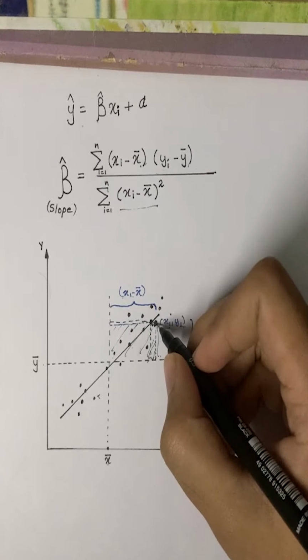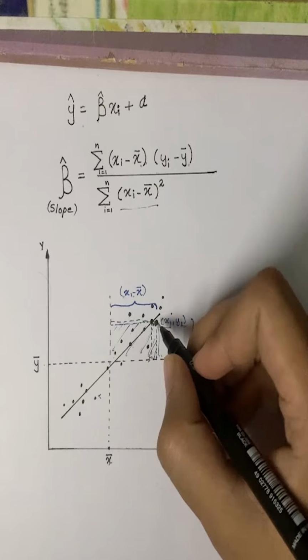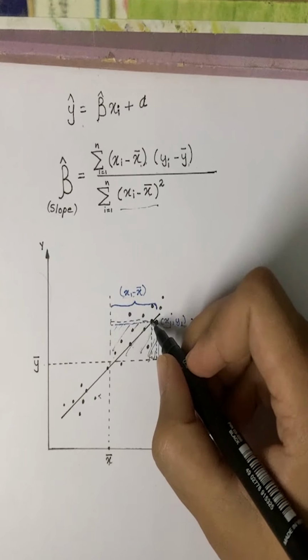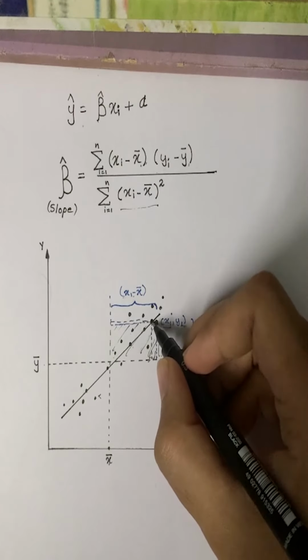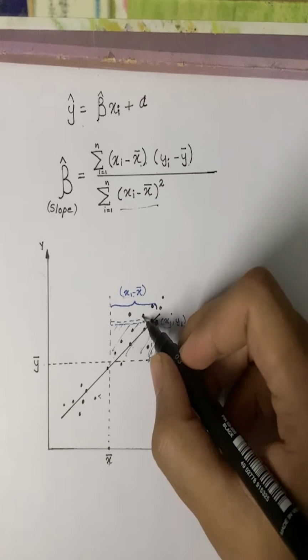Suppose I take the data point x1 y1 and plot it onto this whole line, if we extend it to the whole line. Suppose the point x1 y1 was on the same line, and all the data points were also on the same line.